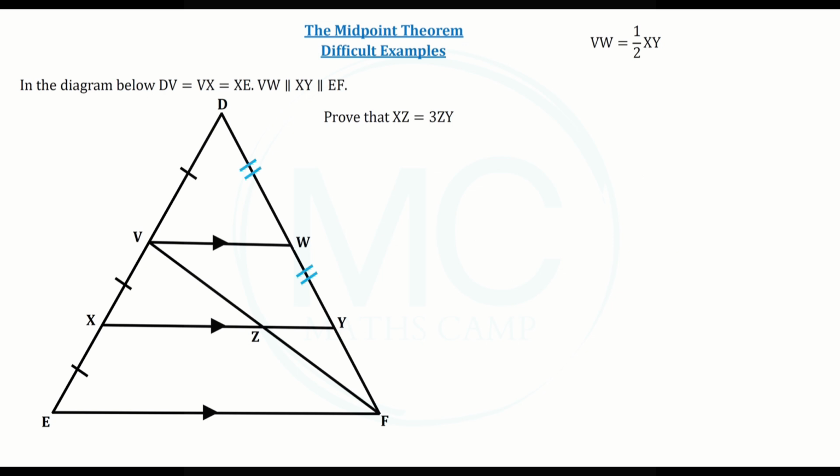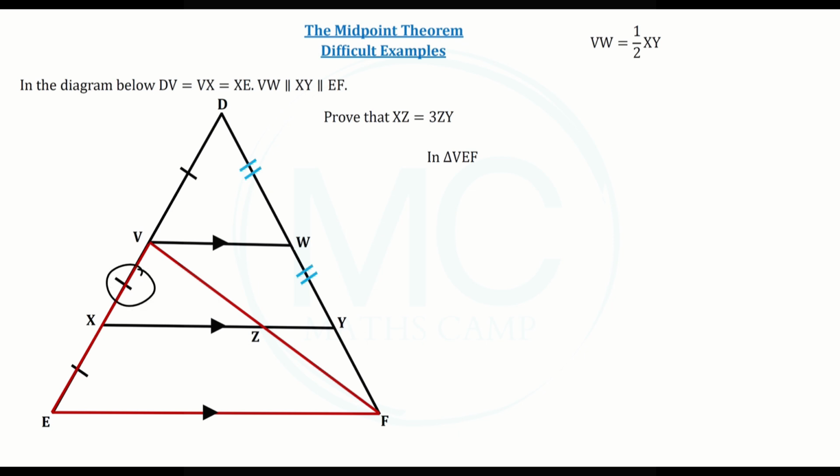We can also see that XY is parallel to EF. Both lines lie in triangle VEF. So let's make this triangle red. Now let's look at the information given to us in triangle VEF.